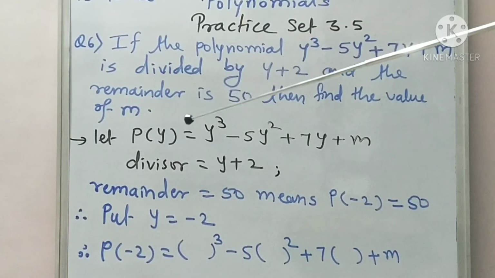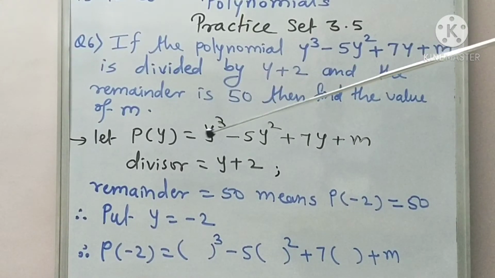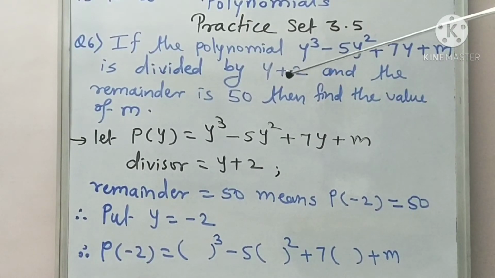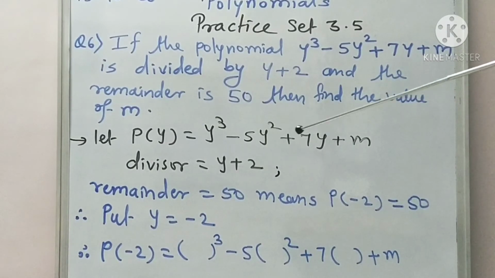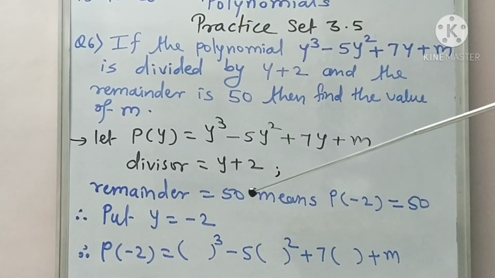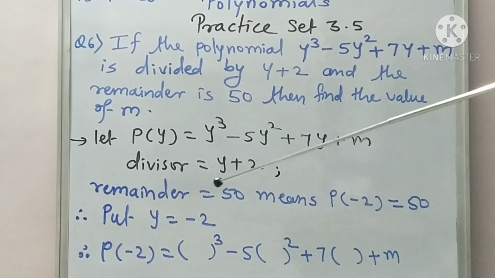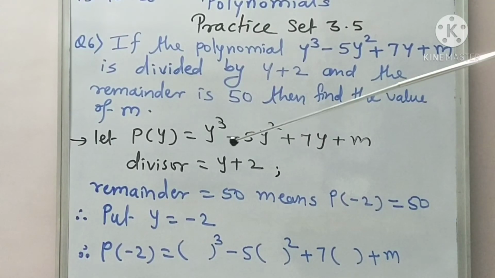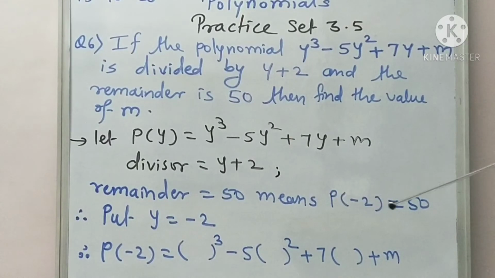So here we consider the dividend as p of y, y cube minus 5y square plus 7y plus m. The divisor is y plus 2 and the remainder is given as 50. According to the factor theorem, the remainder is 50 means that when we put the value of y as minus 2, we get its remainder, and the value of the remainder is given as 50, so p of minus 2 is 50.